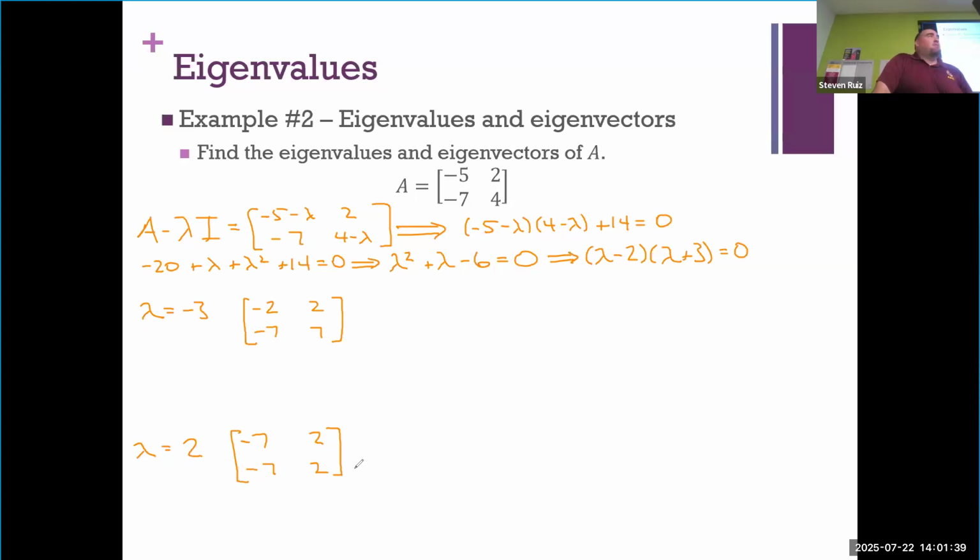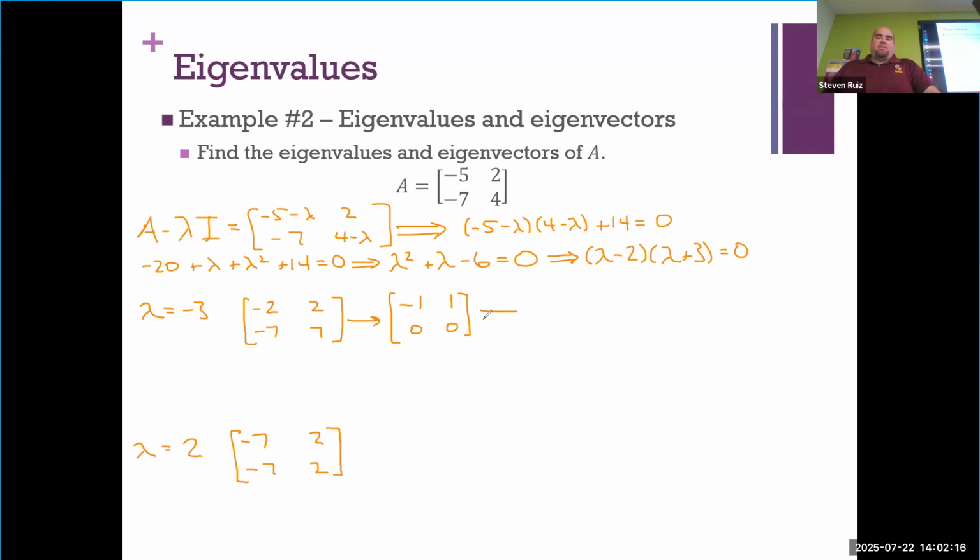Now what should we do? Reduce, yeah, let's start with -3. How does it reduce? -1, 1, 0, 0. So essentially row 2 is 3.5 times row 1. Exactly, which means I can eliminate whichever row I care about and then scale the remaining one.